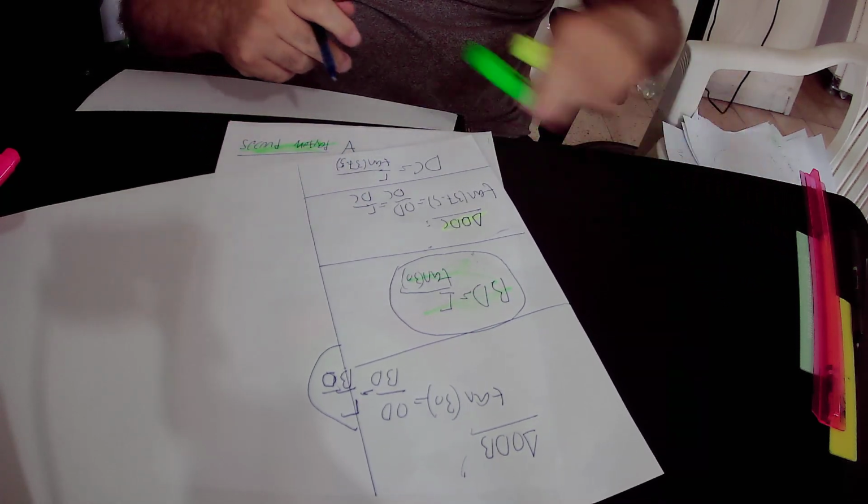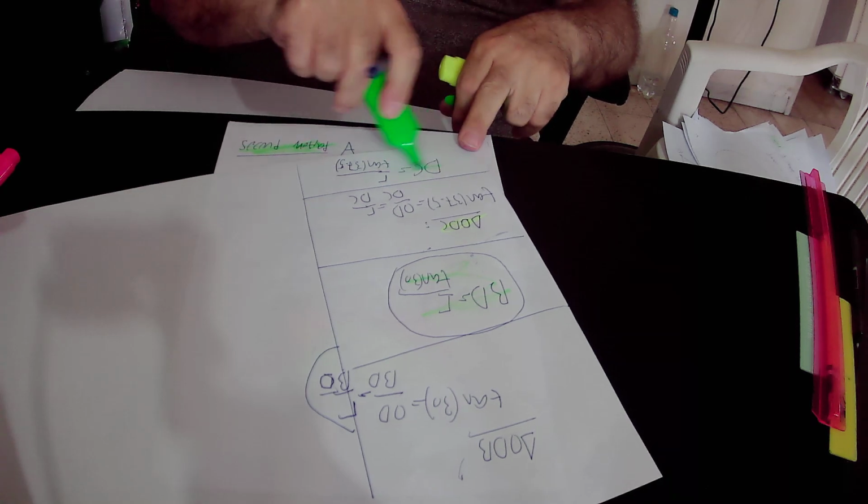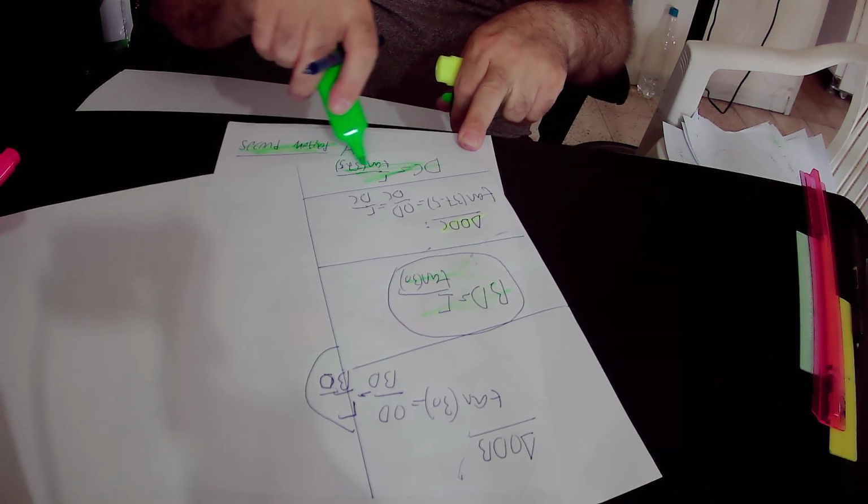So we found out the values of DC and BD.